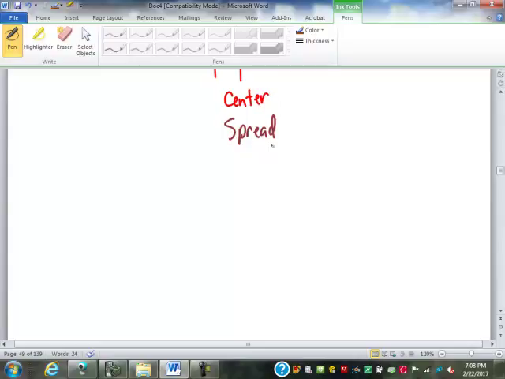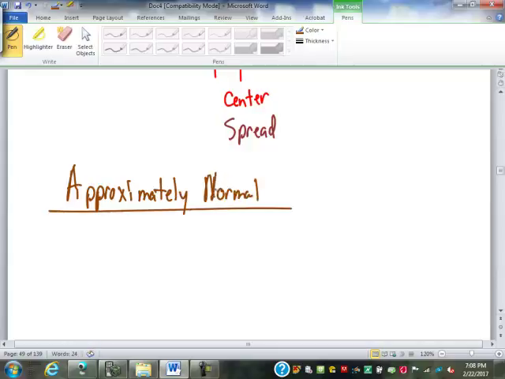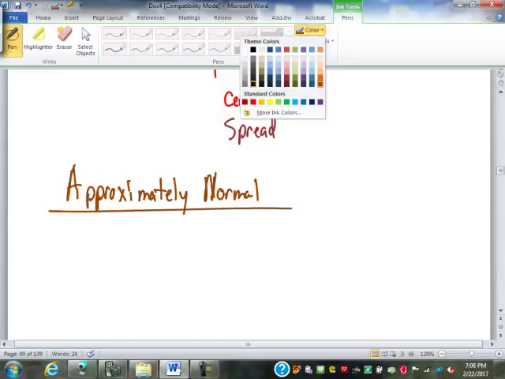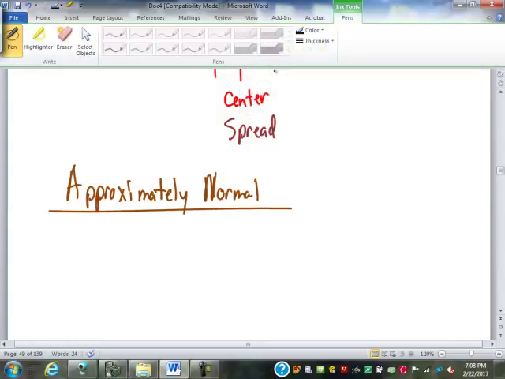Now, not all data is perfectly normal. Most of what we deal with is something called approximately normal. Many times our normal curve is stretched out in one direction or another.